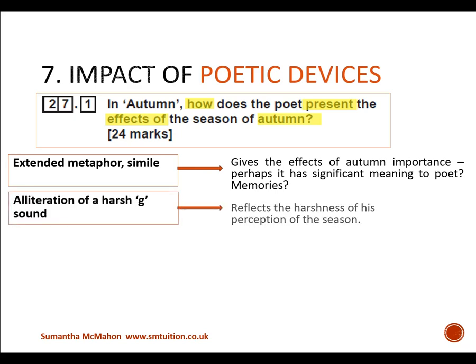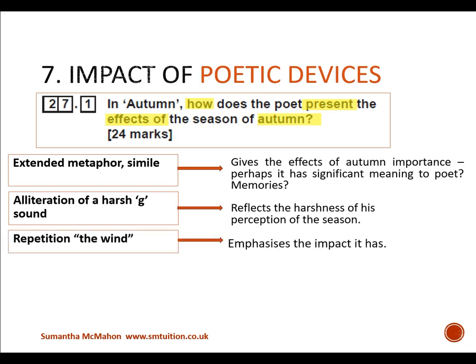We also looked at alliteration, and this can be linked to the poem by saying that it reflects the poet's harsh perception of the season. The repetition of the words "the wind" intensifies this impact. Wind is quite an aggressive sound as opposed to, say, a breeze.